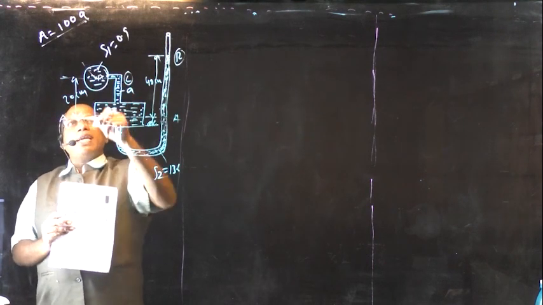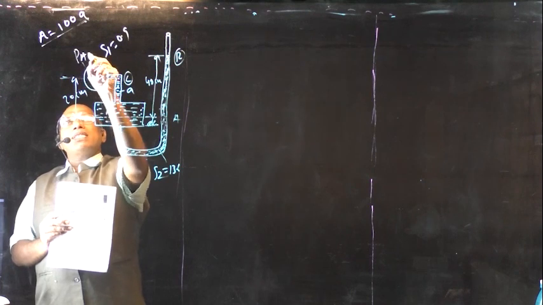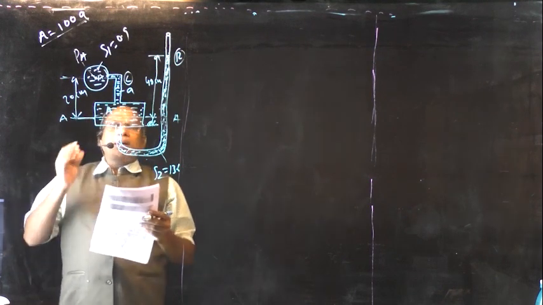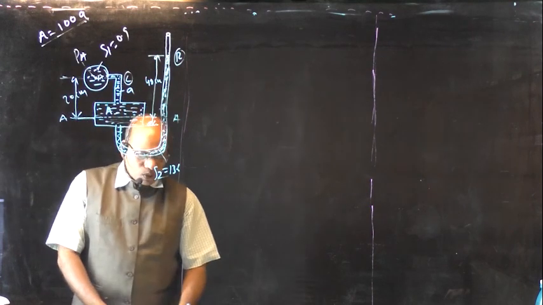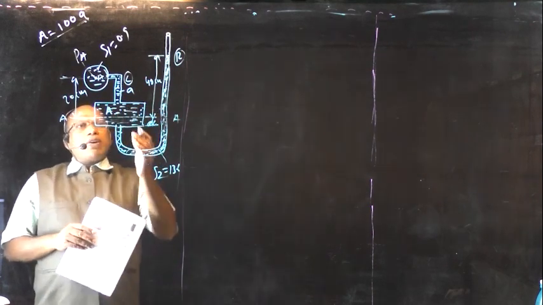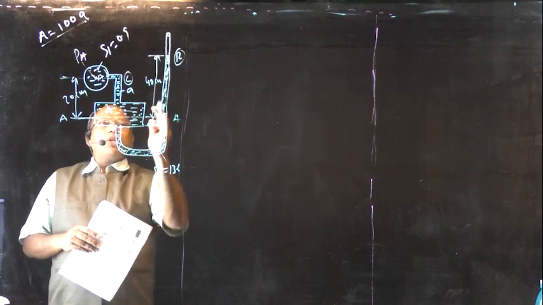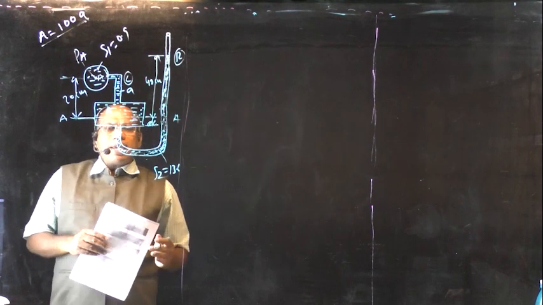Say this is point A; the pressure at point A is PA. Here also, equating the left side pressure must be equal to the right side pressure above the datum line AA.